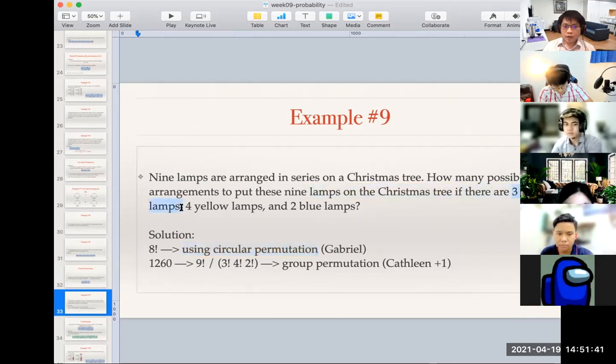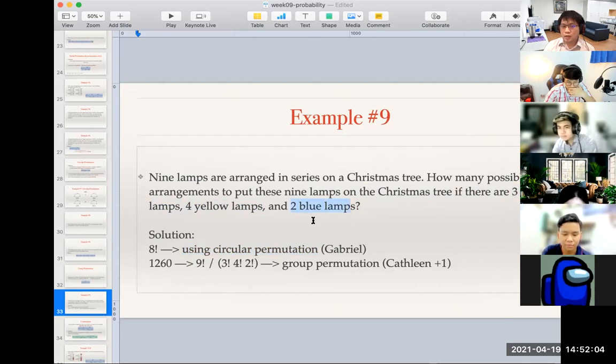You have 3 red lamps, 4 yellow lamps, and 2 blue lamps. So you can think of it like one group with 3 elements: box number 1 contains 3 elements, box number 2 has 4 elements, and box number 3 has 2 elements.